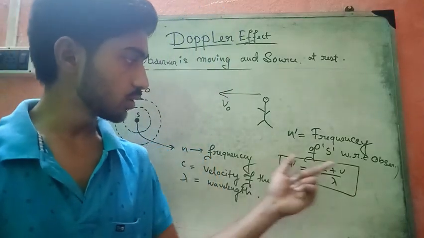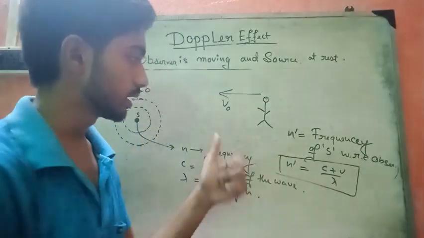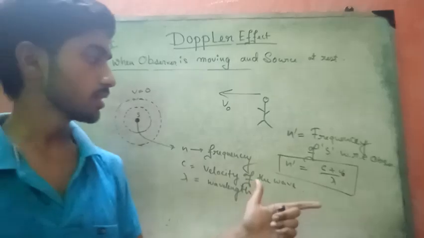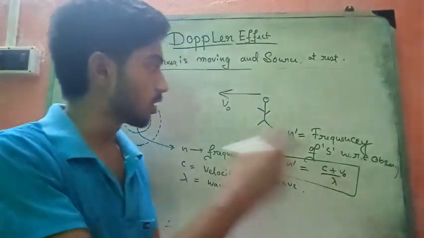In this case v naught is the velocity of the observer.